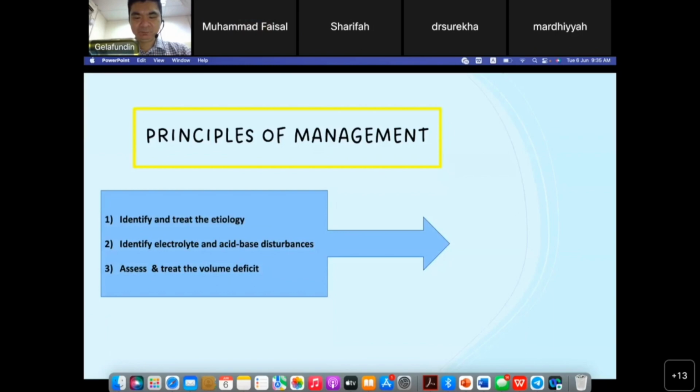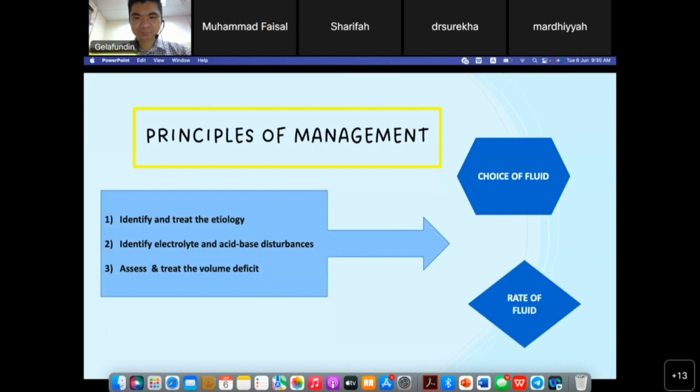This eventually will decide the choice of fluid to be given to the patient and also the rate of fluid to be given. So what I'm going to talk about here is the choice of fluid that we can give in fluid resuscitation.